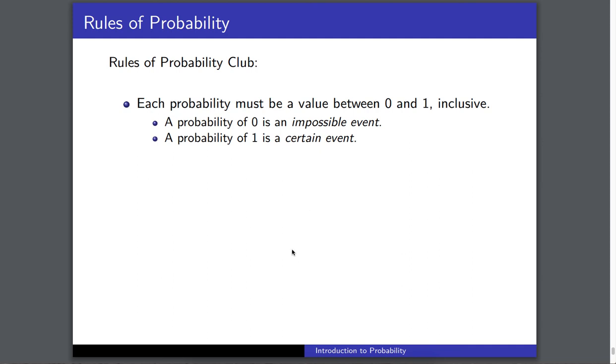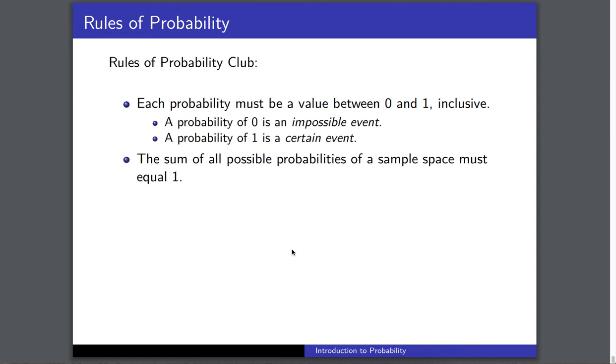And then our second rule of Probability Club that we're going to talk about in this video at least is that the sum of all possible probabilities of a sample space must equal 1. So for instance, taking the coin flip, if we take all the possible probabilities of flipping heads or flipping tails, a half for heads probability and a half for tails probability, a half plus a half gives us 1.